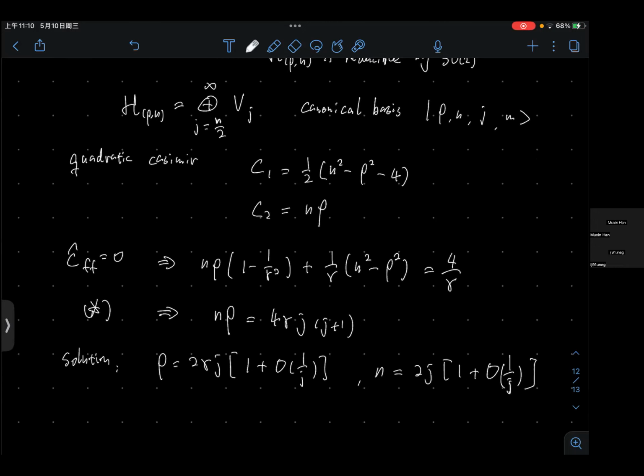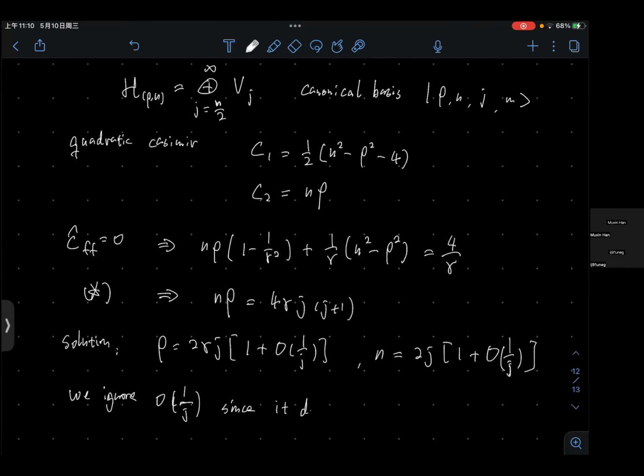since it doesn't affect the semi-classical limit. Because the semi-classical limit is just one large j limit.